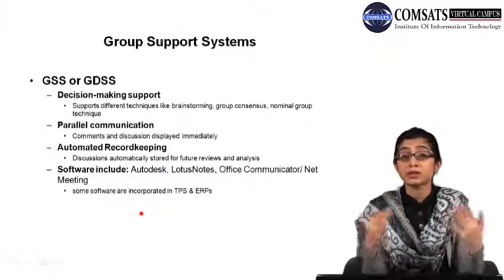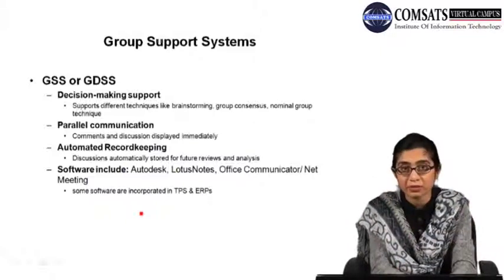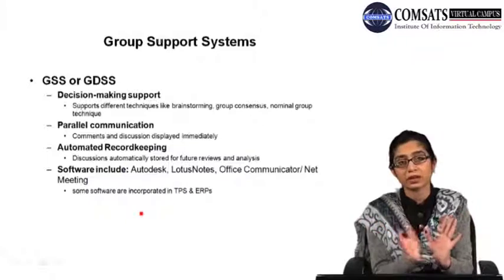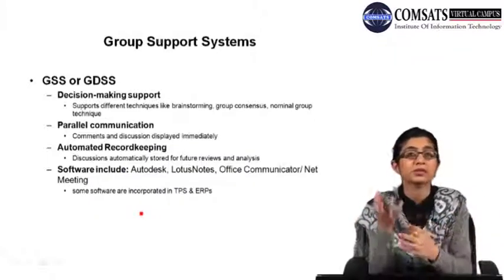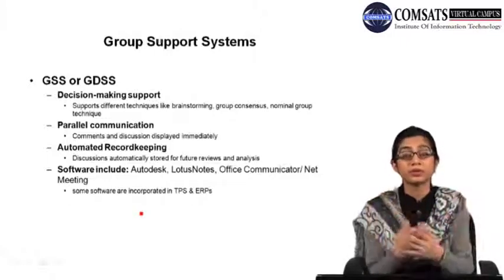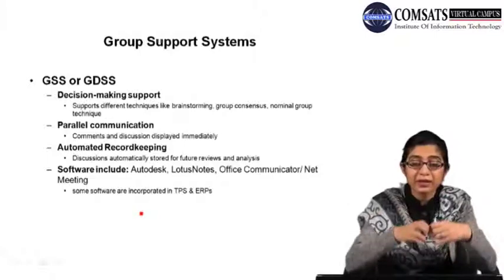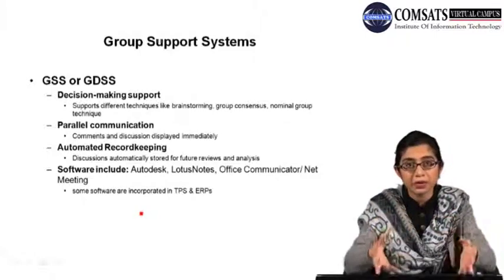When decision making happens in a group, you have to put down your ideas as well, and people have to listen to those ideas, and from that idea another idea is generated. So there are different kinds of methods of doing group decision making. One of the techniques is brainstorming. That means whatever comes into your mind, you put it on the table.